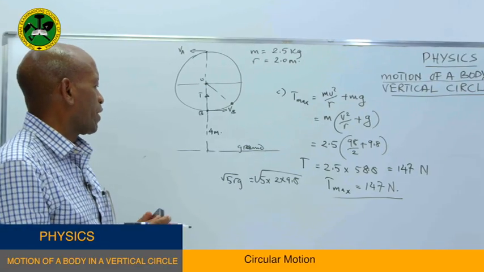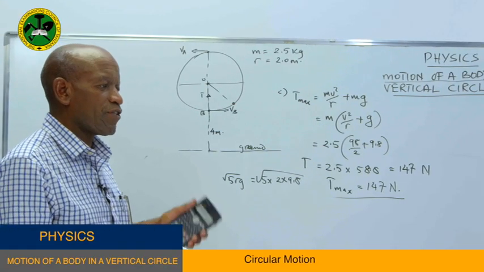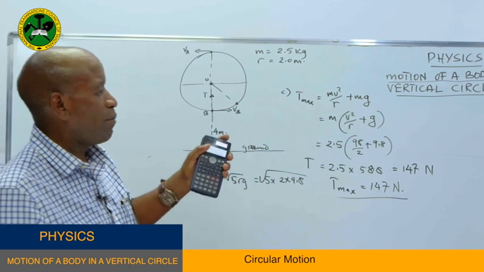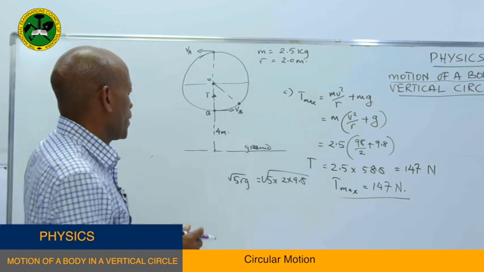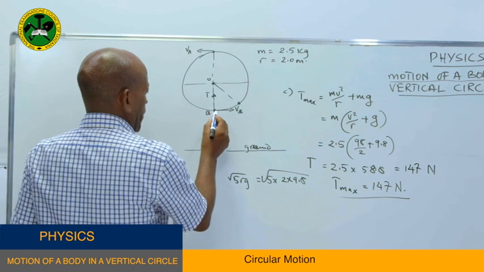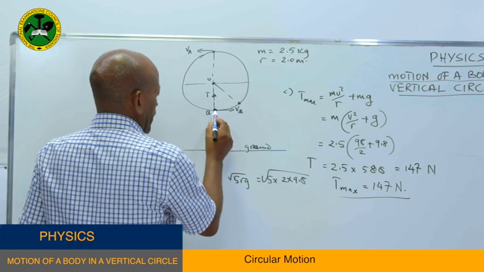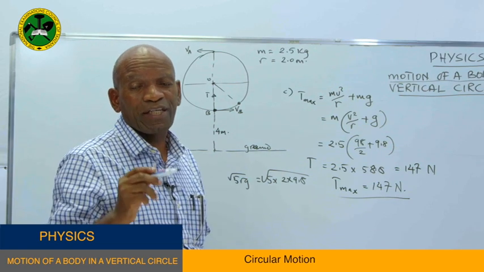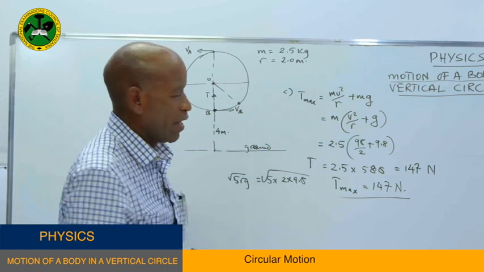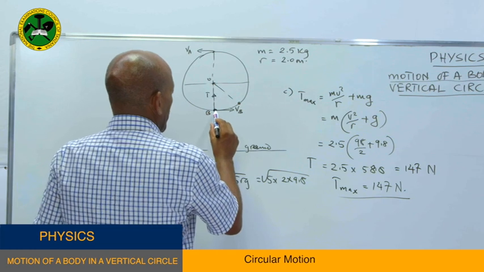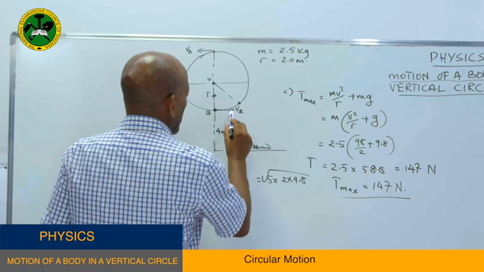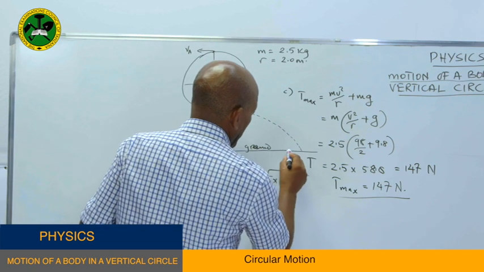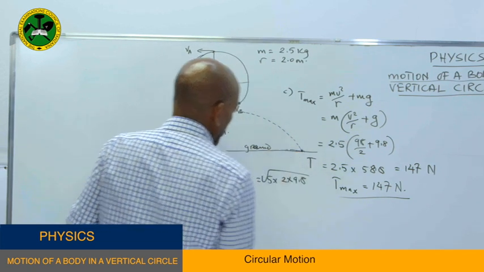Now we look at the time of flight and the range, if the string breaks at the moment that particular ball passes the bottom. So it means that whenever the ball passes this particular part, it can break. Whenever it breaks, it will be like a horizontal projection. And that horizontal projection will take the body in a parabolic path, whereby the body will come and land on the ground at this point.